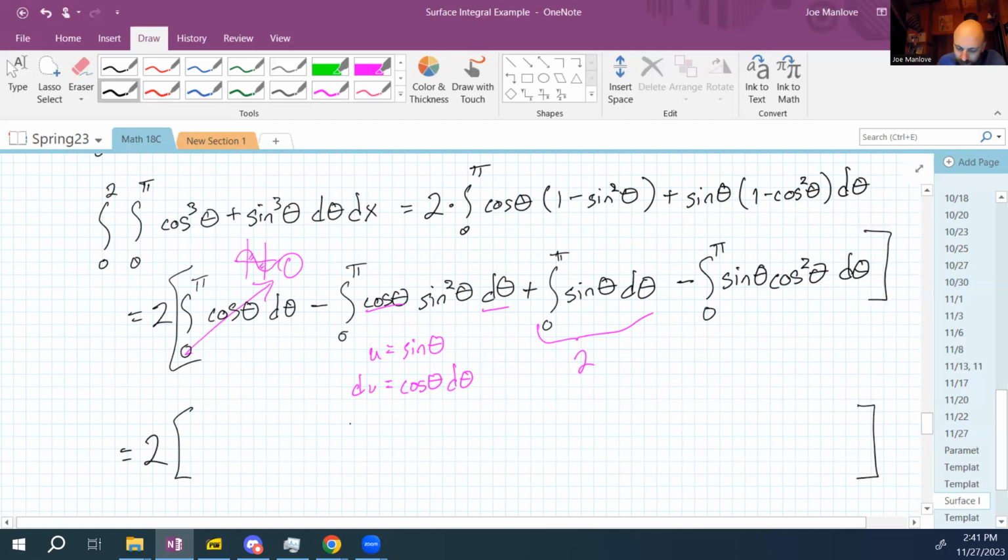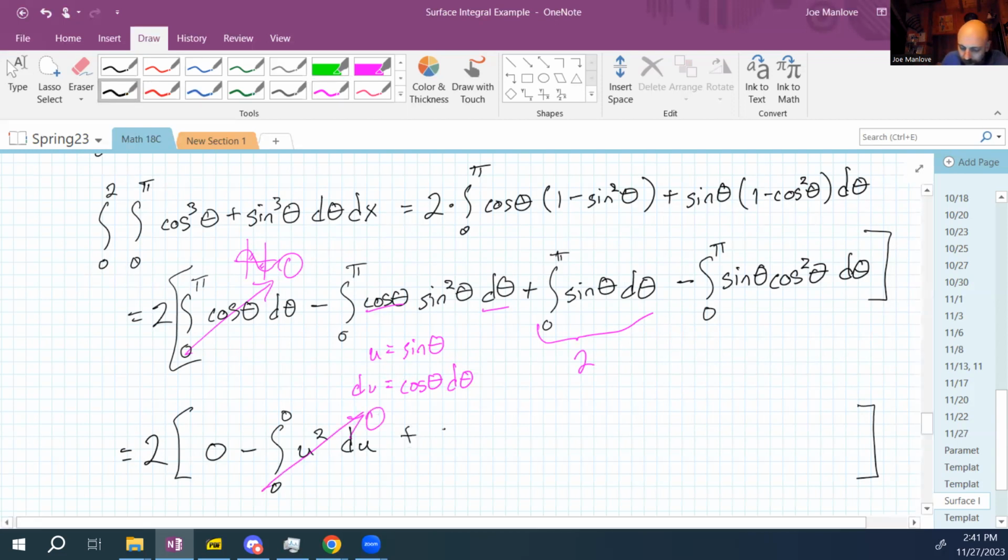I've already dealt with that one. That's 0. So I've got a 0 minus an integral. I'm going to get a u squared du out of that thing. And when I plug in 0 and pi, I get integrating from 0 to 0. Oh, hell yeah. That's super convenient. That one zeroes out.